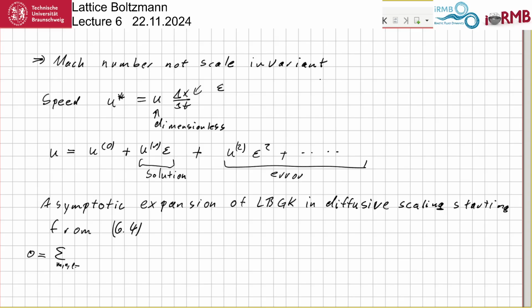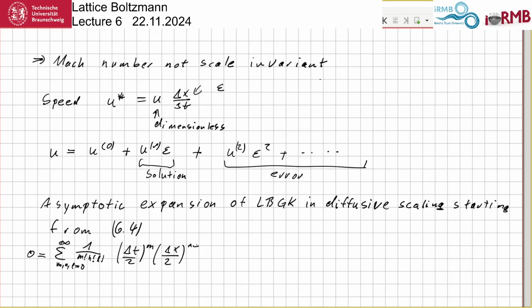The sum over n, L from 0 to infinity, 1 over m factorial n factorial L factorial, there's not yet an epsilon in it, delta t half to the power of m, delta x half to the power of n, wait, this is wrong, this must be m.